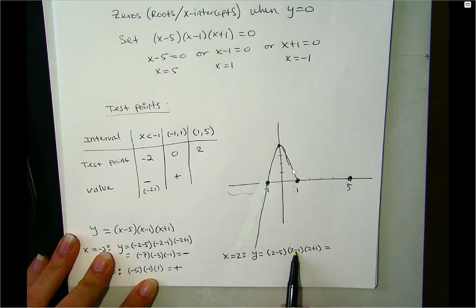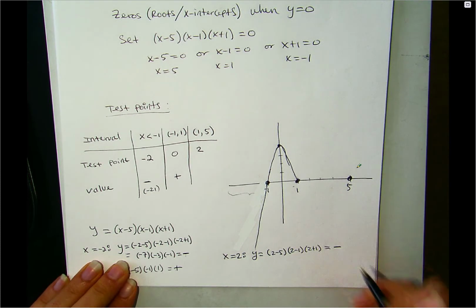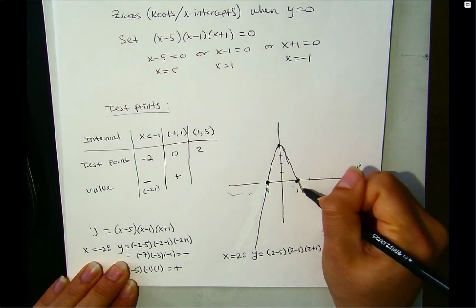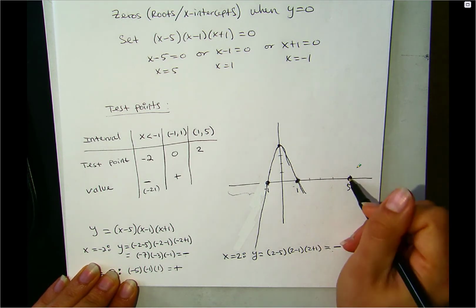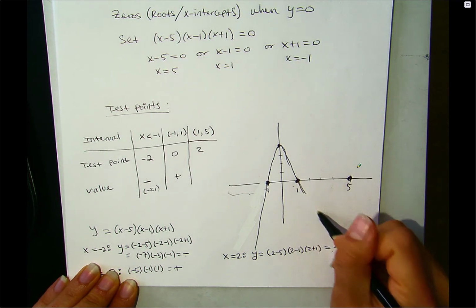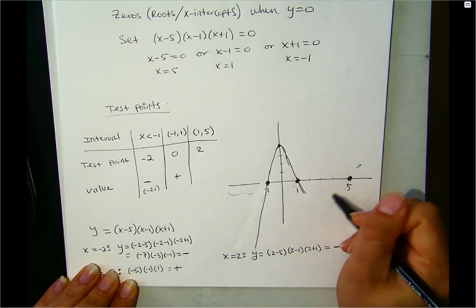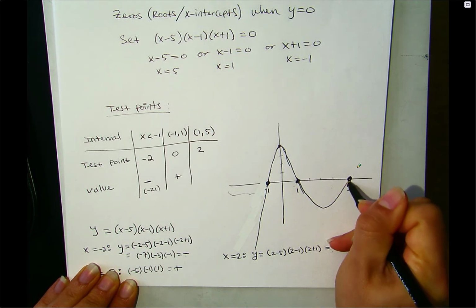Negative times a positive is a negative. So it's going to go back down. So it's going to go from positive to negative. And then it can't just keep going down, because from 1 to 5 I'm negative, but we have to come back to 0. So it's going to end up doing something like this.